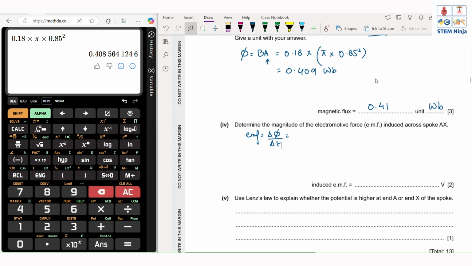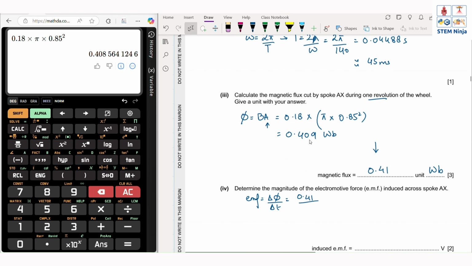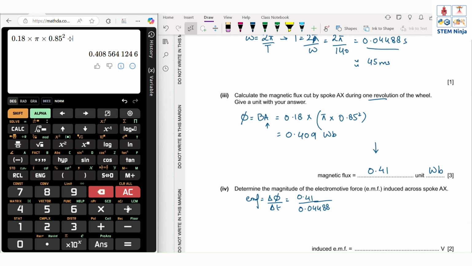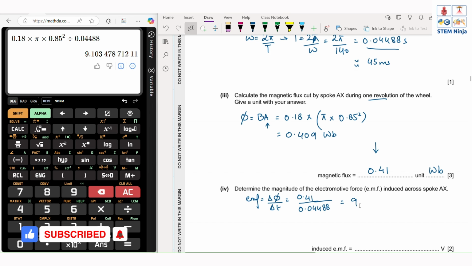The change in flux is 0.41, and the time we found to be 0.04488. So dividing 0.41 by 0.04488, we get 9.1 volts.